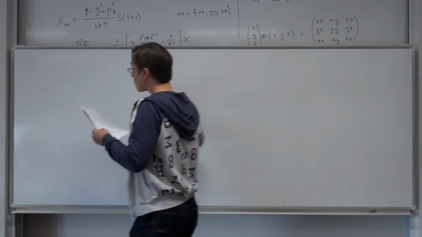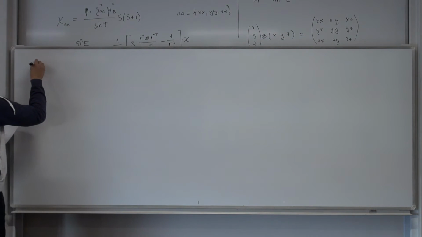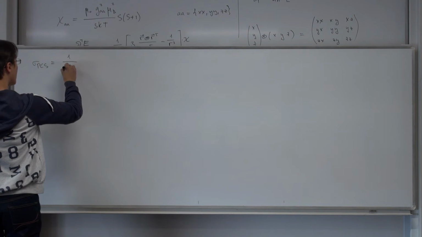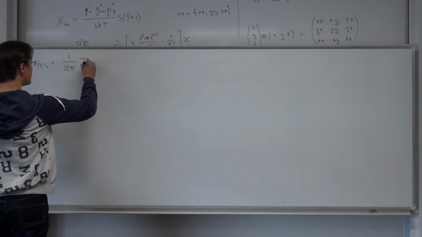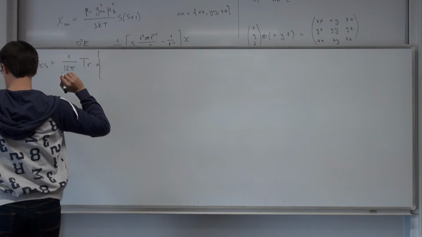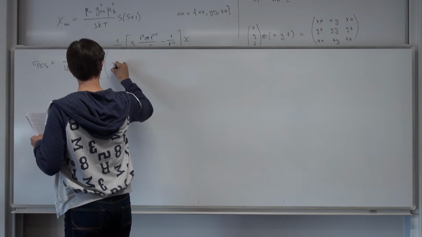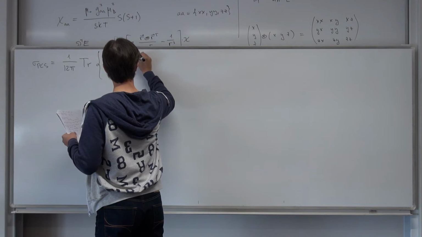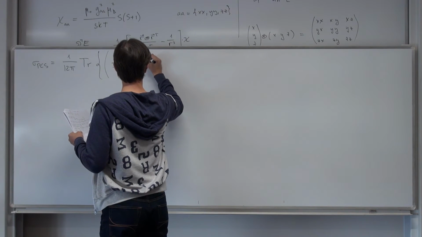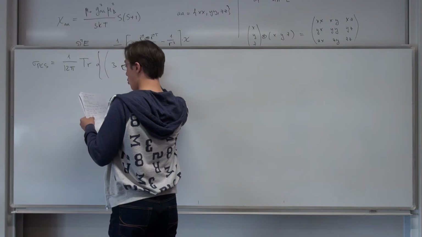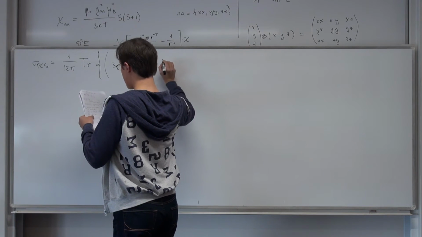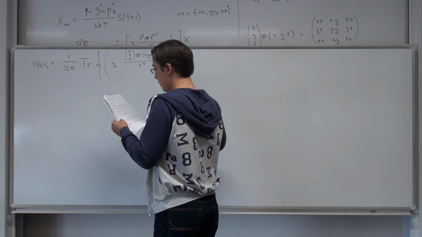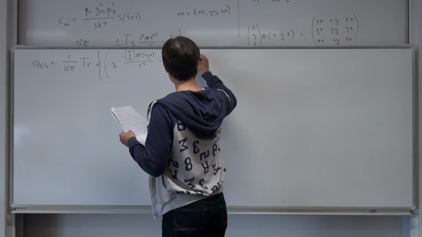And so our sigma PCS from there would be 1 over 12 pi trace of (3 x, y, z, Kronecker x, y, z over r to the fifth minus 1 over r cubed), that's the dipole, times chi.